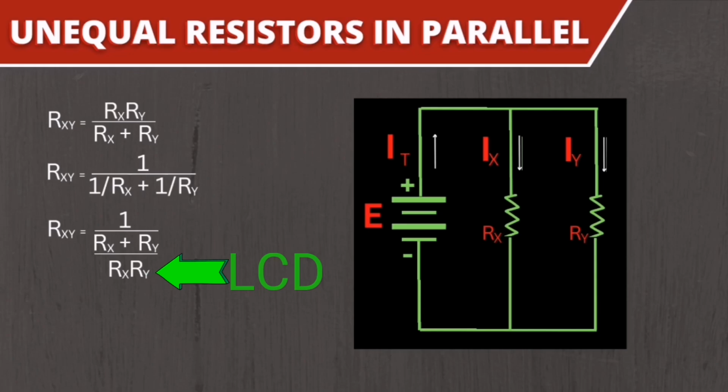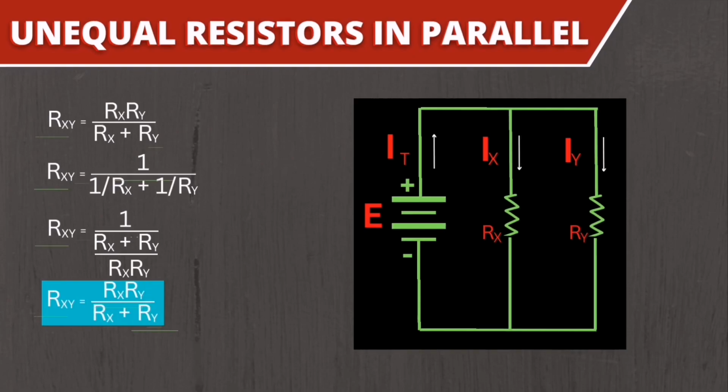Getting the LCD of 1 over Rx plus 1 over Ry will result in this equation. So as a result, Rxy equals Rx times Ry all over Ry plus Rx.